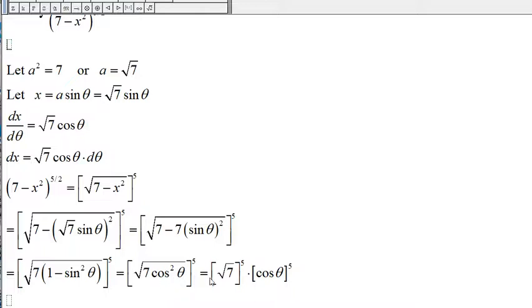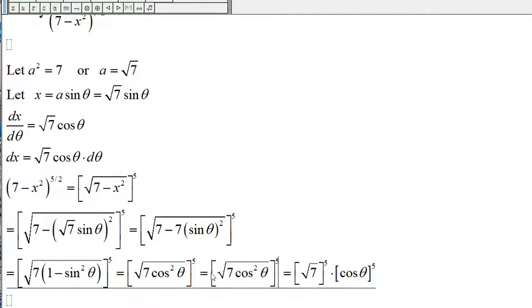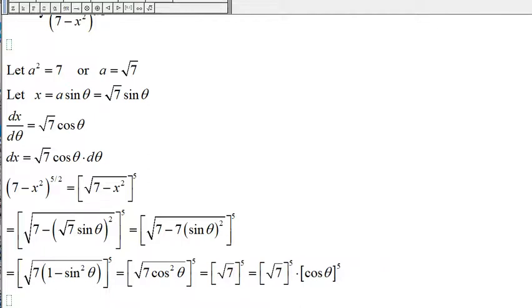So this will be the square root of 7 cosine squared, to the fifth. The square root of cosine squared is just cosine theta. And then separating the factors, this will be the square root of 7 to the fifth, cosine of theta to the fifth.